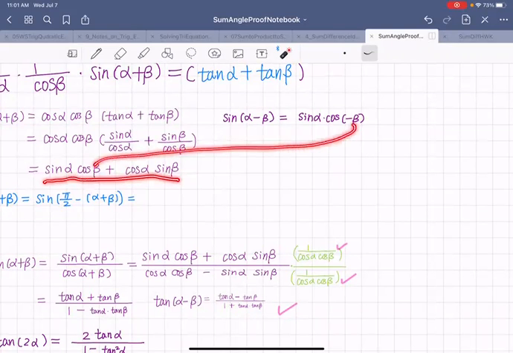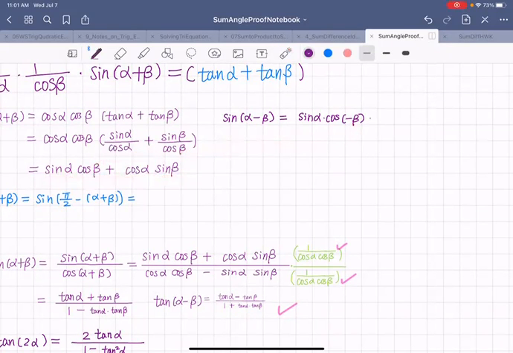That gives me sine alpha cosine negative beta plus cosine alpha times sine negative beta. Cosine negative beta is how much?